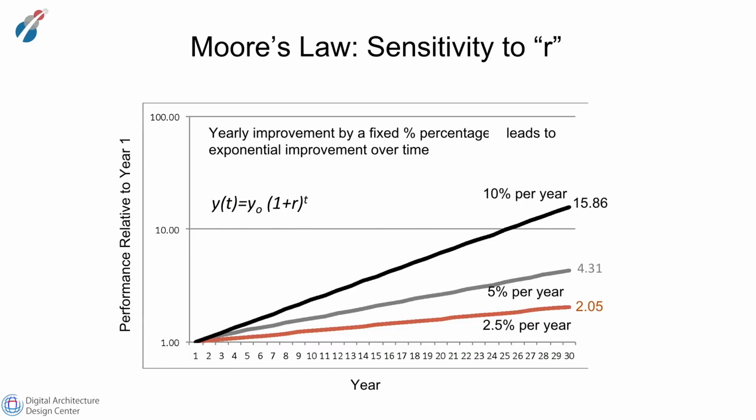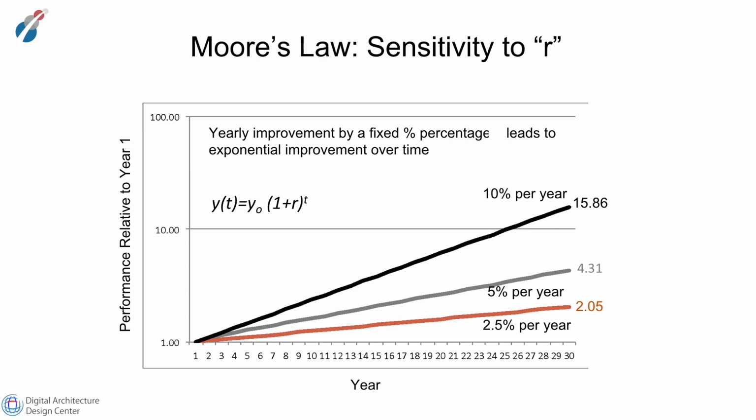This number R, the average annual rate of progress, is really important, and it's essentially the same as the interest rate in your bank account. A 1% difference in the rate of return on your investment or your savings, accumulated over time, can make a very large difference. Just to show you generically, if your technology improves at 2.5% per year, after 30 years you will have doubled your performance.